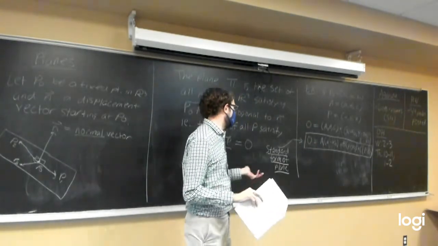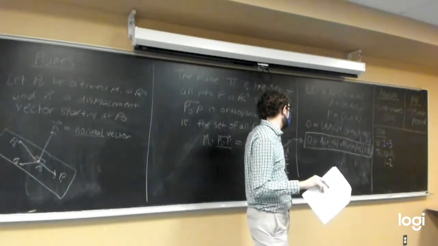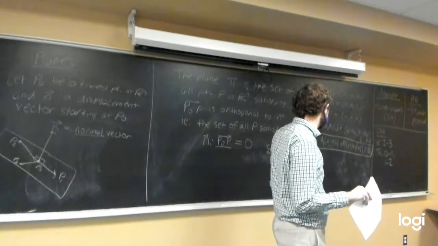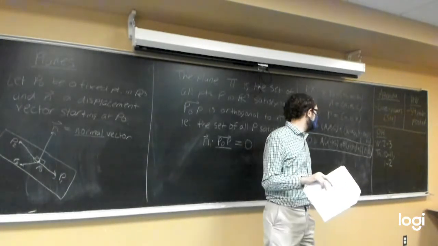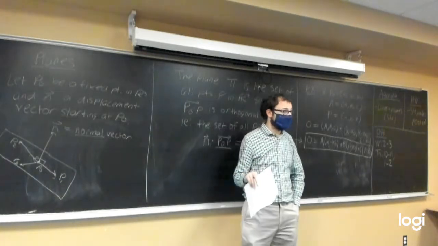It is by writing it out like this, where you just have an equation of the form some constant a times x minus x naught plus some other constant b times y minus y naught plus another constant c times z minus z naught is equal to 0.